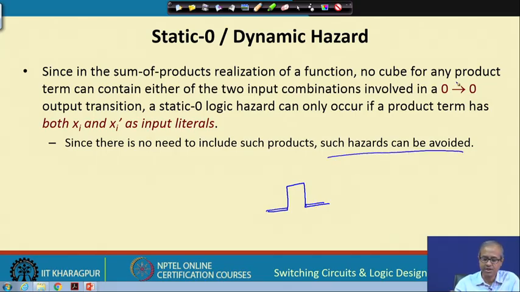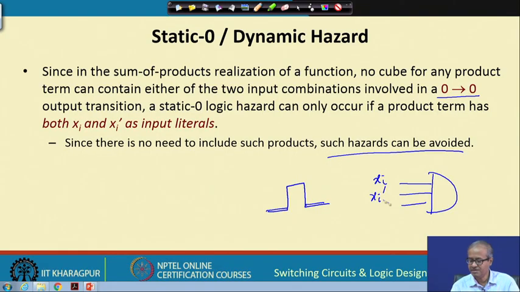There is no cube for any product term that will lead to this 0 0, because we do not have 0 in any of the cubes. Only in a very hypothetical case, if we have a gate where I apply x i as one of the inputs and also x i bar as one of the inputs, there is no reason why I should apply like this.